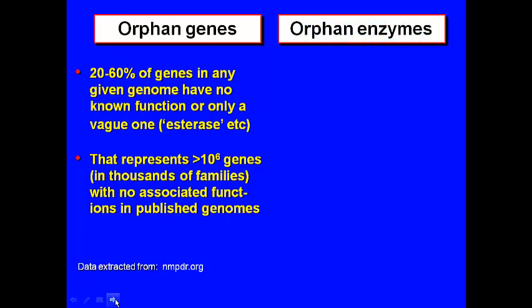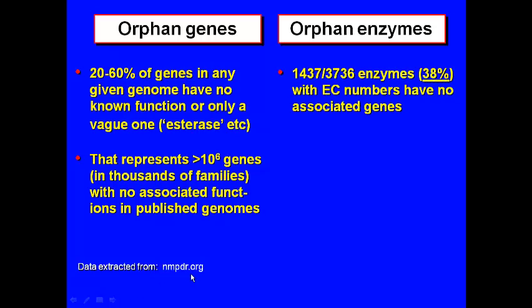And there's a reciprocal problem, not so well recognized. It's orphan enzymes. And as a biochemist, I was shocked when I first saw these statistics. Close to 4,000 enzymes have an EC, an enzyme commission number, but more than a third of them at this point in history still don't have a gene to go with them.